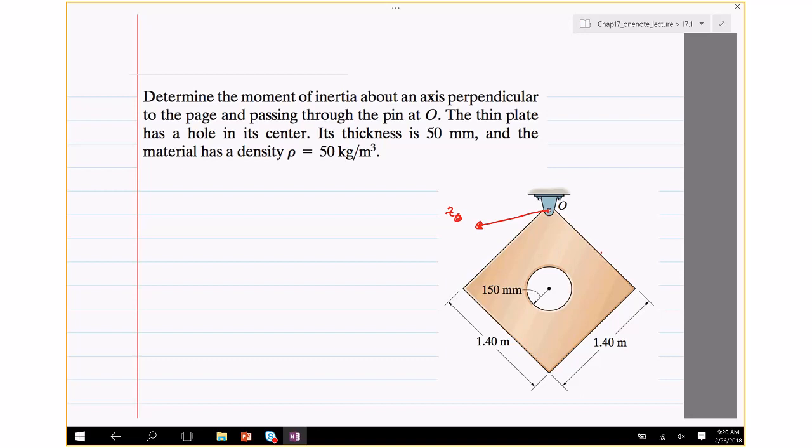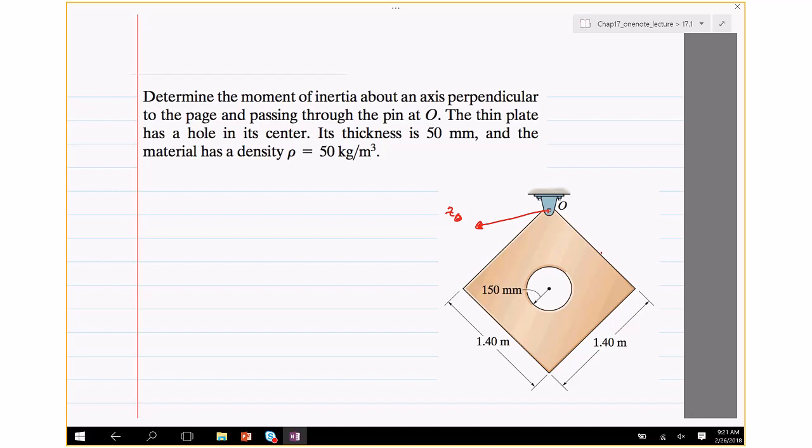If there was no hole, if it was a fully covered square plate, and you're told to find inertia about O, then clearly you would first find inertia about G, because that's the center, and then use the parallel axis theorem to find inertia about O, right? The trick here is to do the same thing, but find the inertia of the square plate without the hole, find the inertia of the hole separately, assuming that there was mass in that hole, and then you subtract the two to get the inertia.